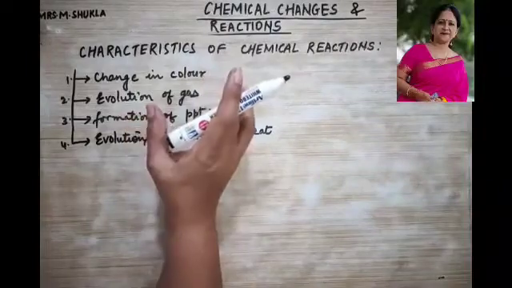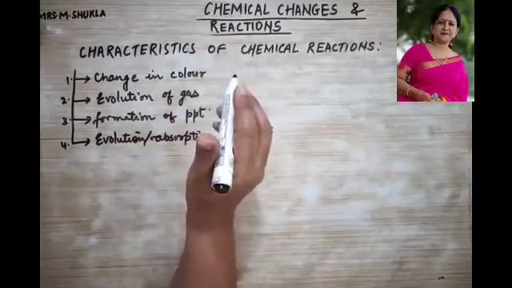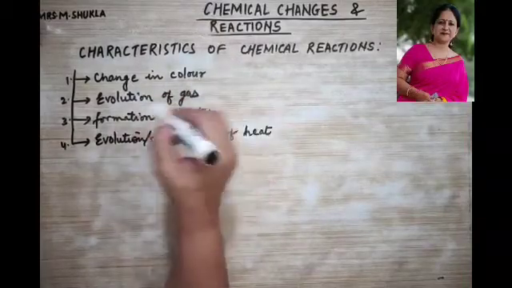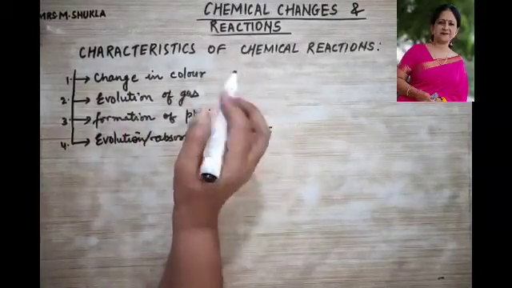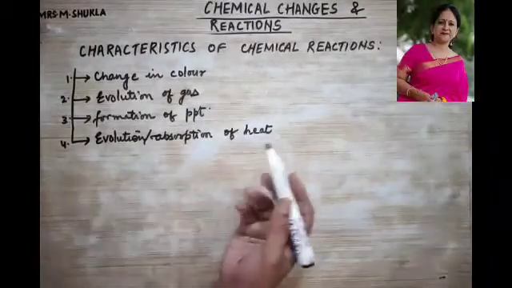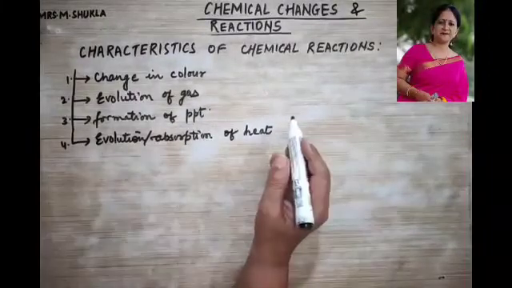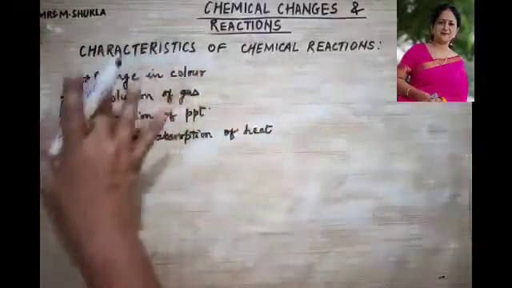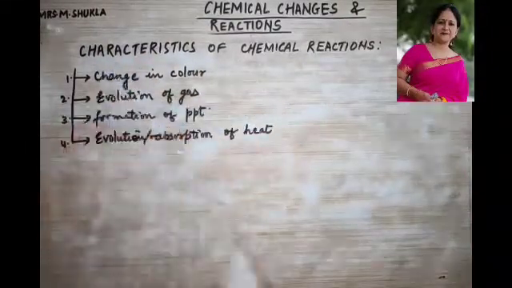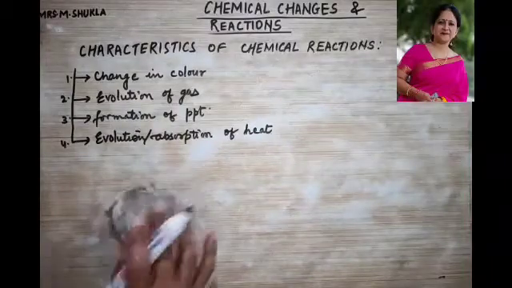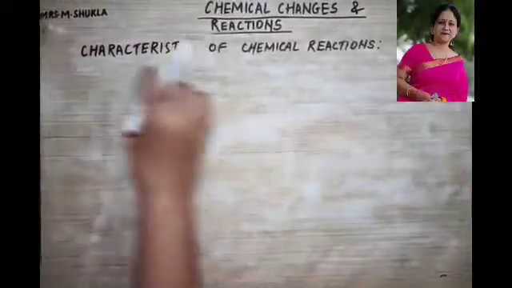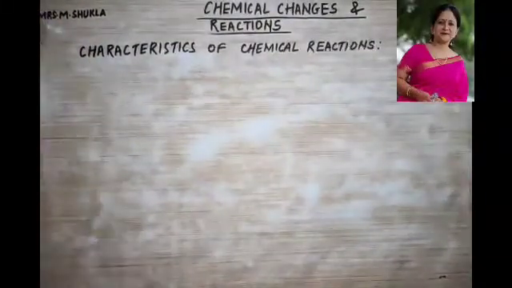That I mean to say that whatever reactions you study, you will either find there is change in the color, or there is evolution of gas, or maybe there is a formation of a PPT, or maybe evolution or absorption of heat. So these are some of the characteristics of a chemical reaction, where we are going to begin with the first kind, that is change in color. So let us first understand change in color.